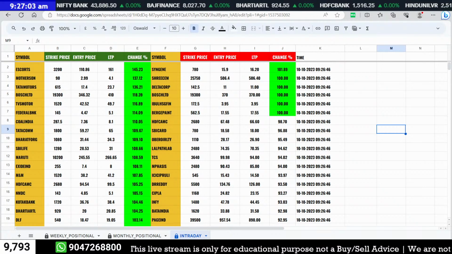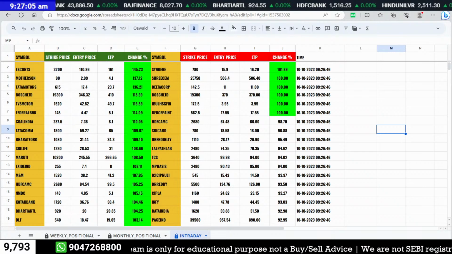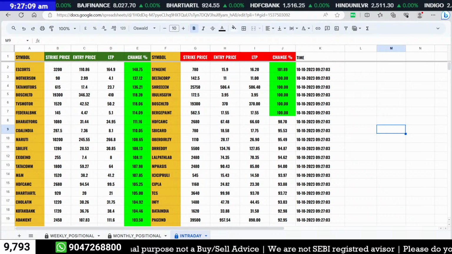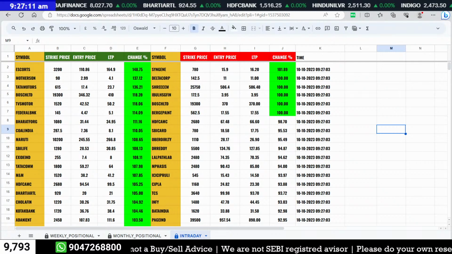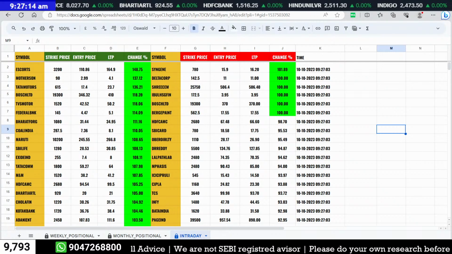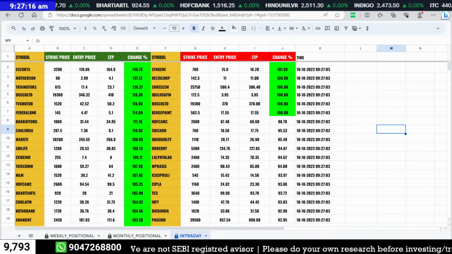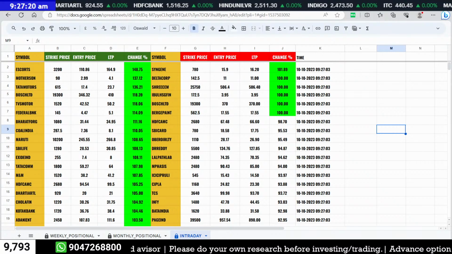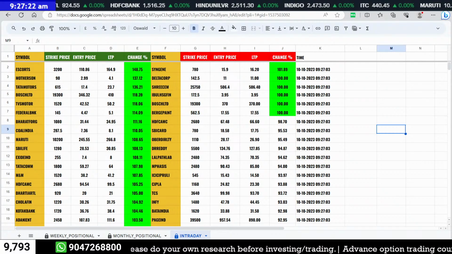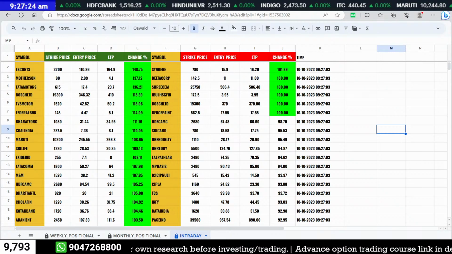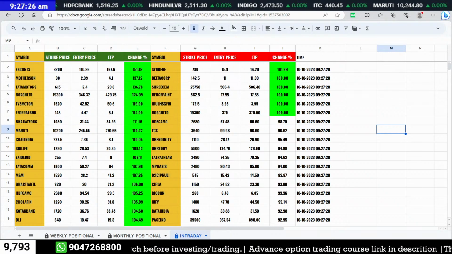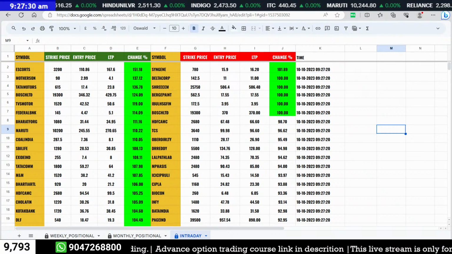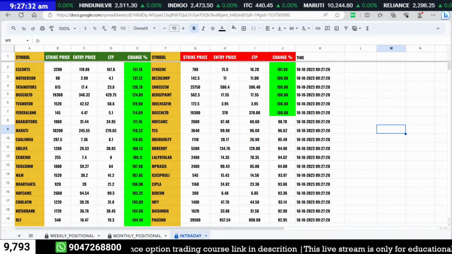And 27, so after 9:30 we can look for a good opportunity. I think Tata Motor would be top, and Bosch, TVS Motor, Federal Bank.